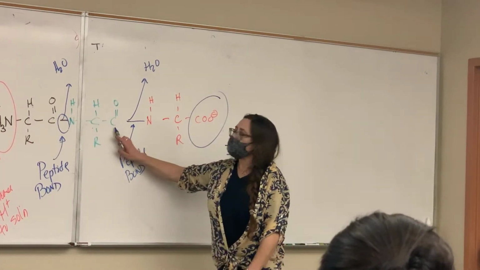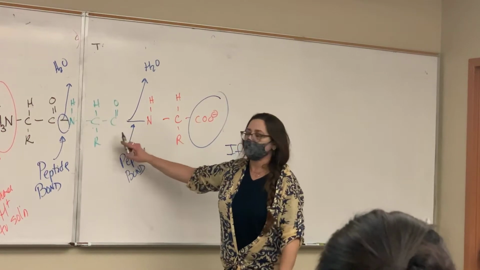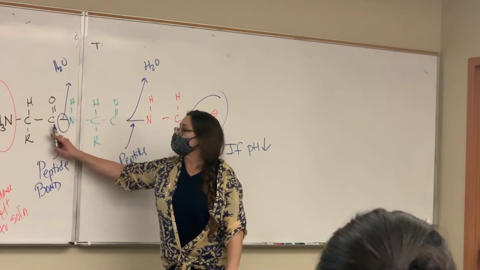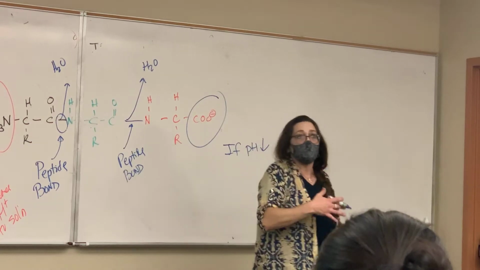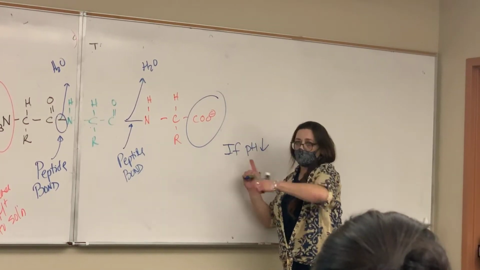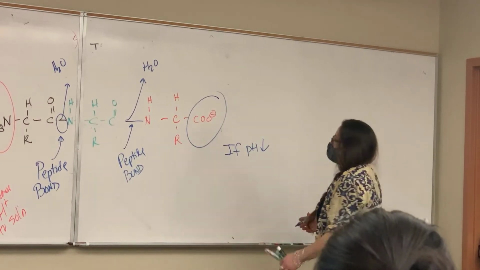Here, this is no longer a carboxyl group. It can't absorb hydrogens because it's bound up in a peptide bond. What used to be a carboxyl is no longer a carboxyl, and it's bound up in a peptide bond, so we can't do anything anymore. So again, it's going to be the ends of the molecule, just like the ends of the amino acid, that will be your buffering areas.